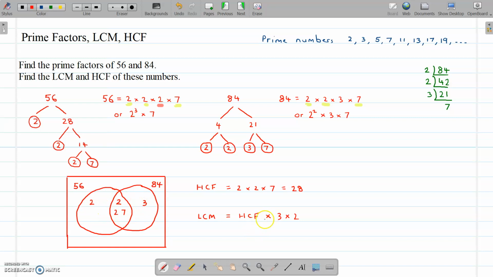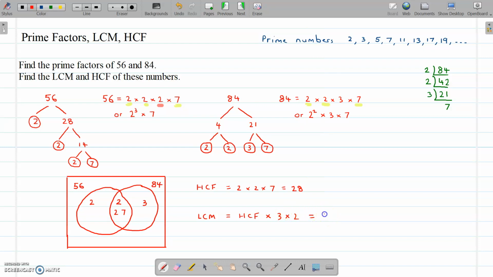So I take 28, times it by 3 and times it by 2. Well, if I double it, I get 56, and if I take 56 times 3, it'll give me 168.